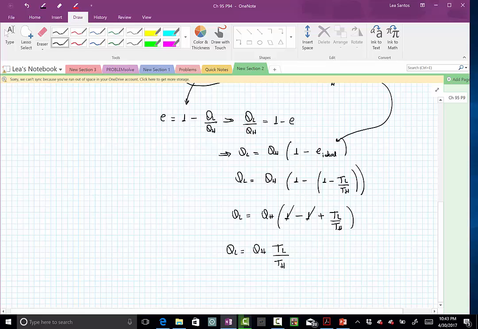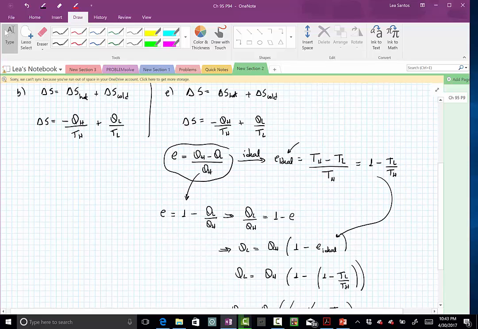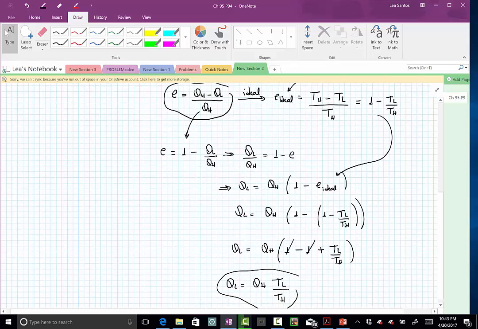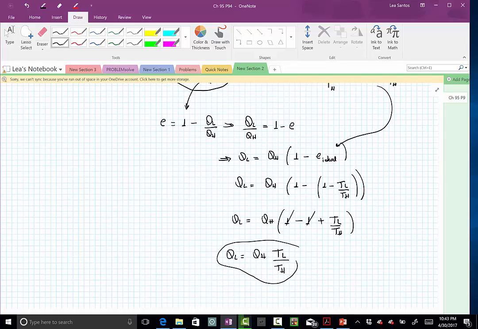So I found an expression for QL that I'll have to put back into this equation. Let me write this equation again down below. What I want to find is the change in entropy for this perfect Carnot engine, and this will be minus the heat that we lose at the constant temperature for the hot reservoir, plus the heat that the cold reservoir receives at the constant temperature.